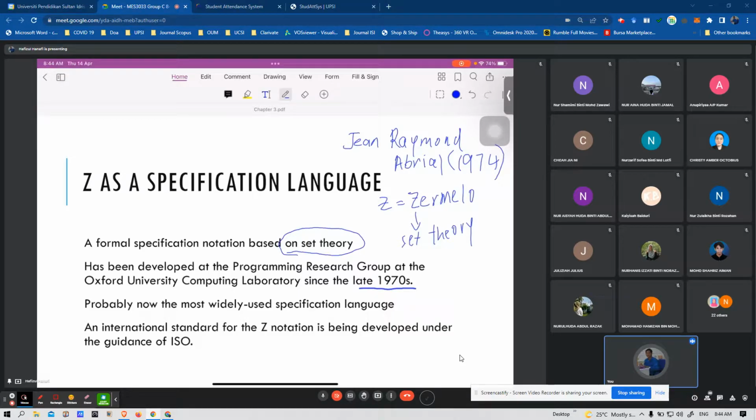Until now, some have said that Z is so named because it is the ultimate language. Although we can interpret the name Z as Zermelo, which is associated with the Z notation through the use of Zermelo-Fraenkel set theory.